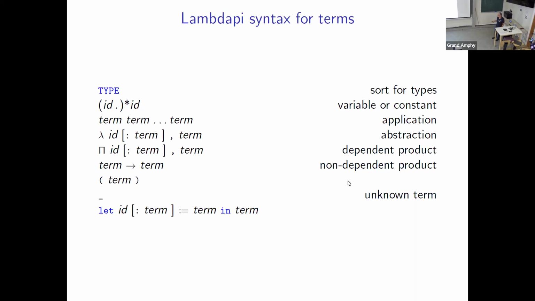Same thing for product and the other type. And you have also let. And you can use a special character, the underscore. If in some expression you don't want to write everything, you can just put underscore and hope that the system will be able to fill in this hole.